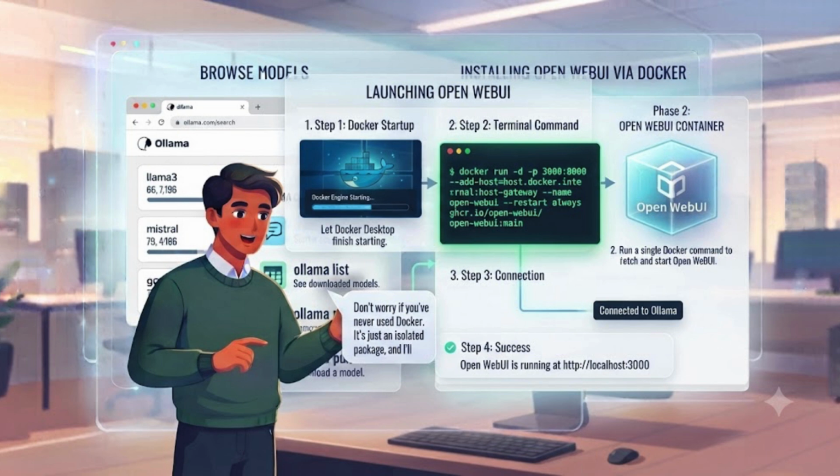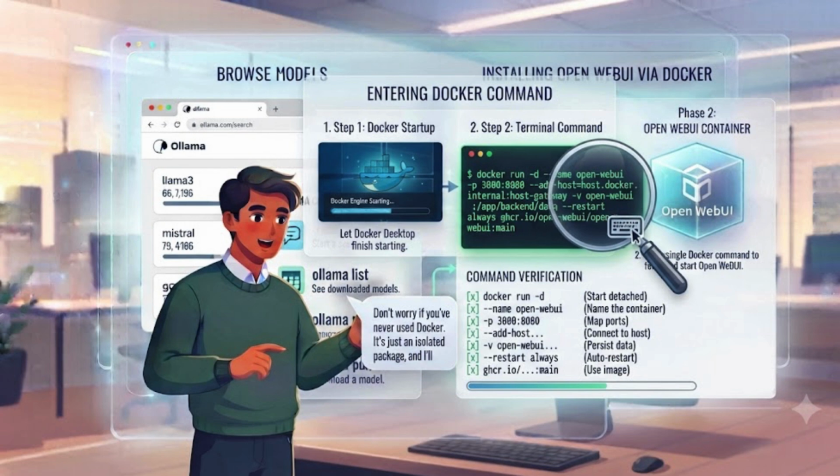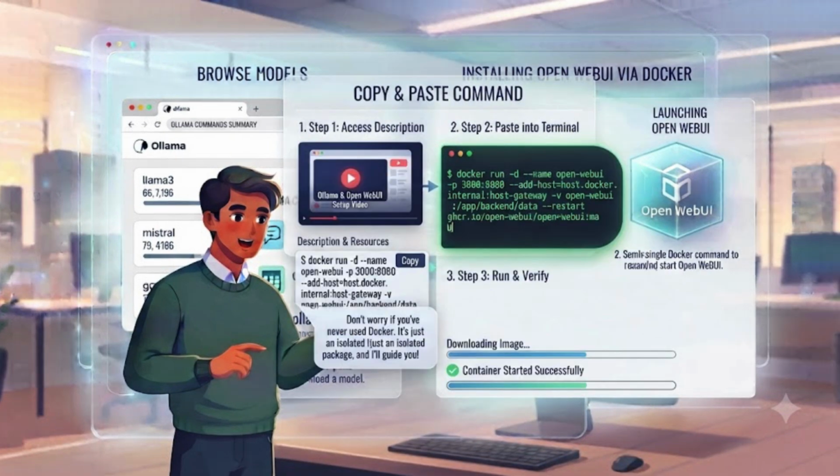Here's the command: docker run -d --name open-webui -p 3000:8080 --add-host=host.docker.internal:host-gateway -v open-webui:/app/backend/data --restart always ghcr.io/open-webui/open-webui:main.